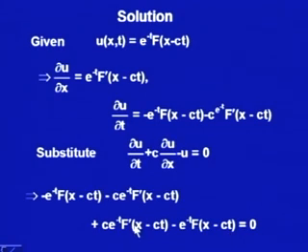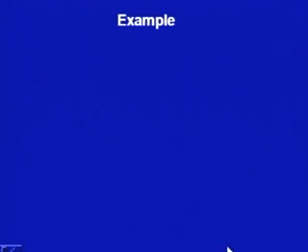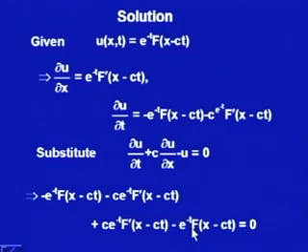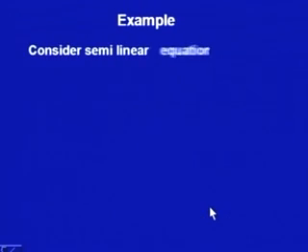Now, you see this cancels this one, and this cancels this one. So, I am getting it equal to 0. So, that satisfies the equation. Again, f here is arbitrary. Let us see one more example.